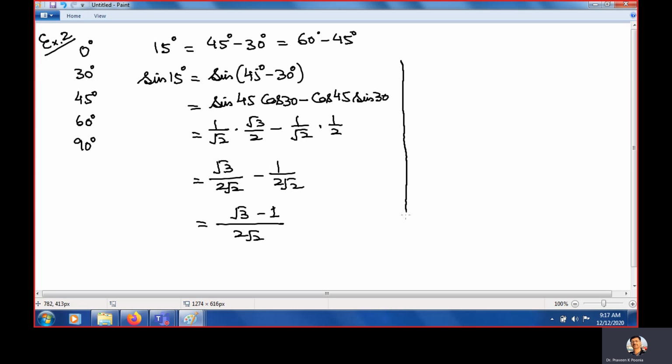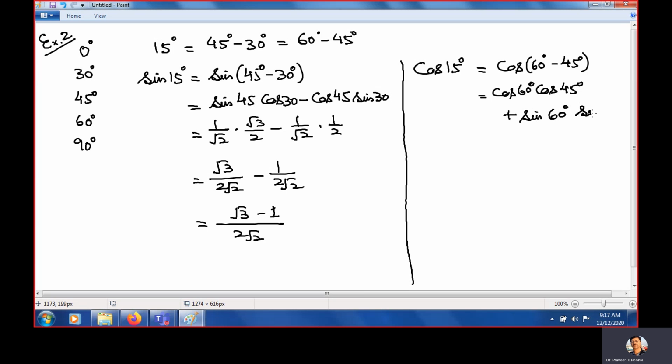And if you want to evaluate cos 15 degree, we will take another angle. It is cos(60 degree minus 45 degree). So what is the formula for cos(A minus B)? It is cos A cos B plus sin A sin B. Cos 60 is 1 upon 2, cos 45 is 1 upon square root 2, plus sin 60 is root 3 upon 2, sin 45 is 1 upon root 2.